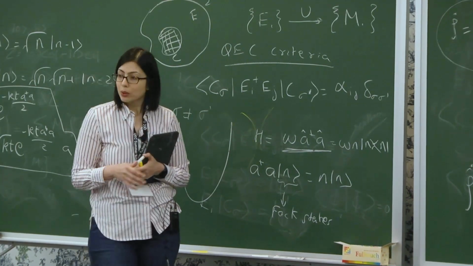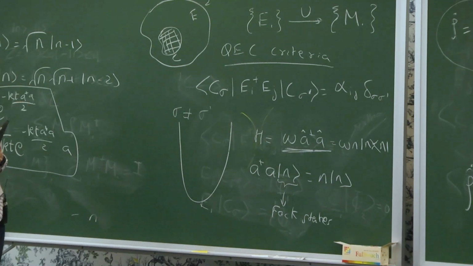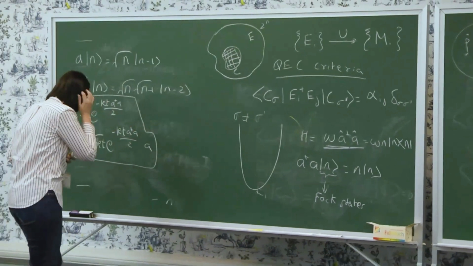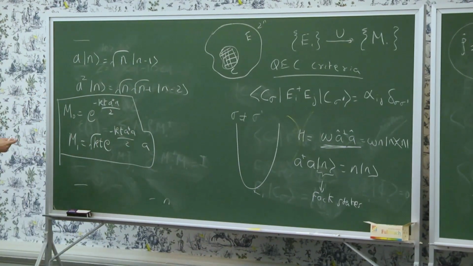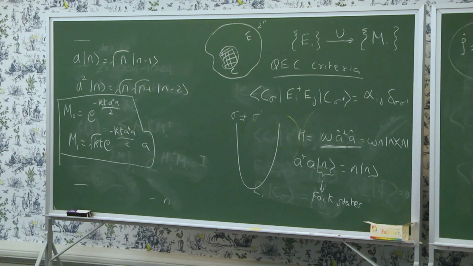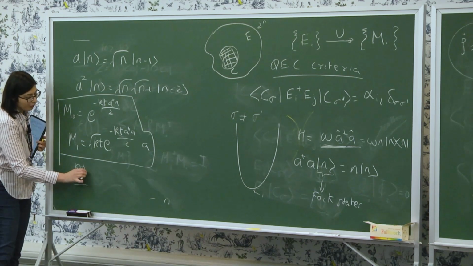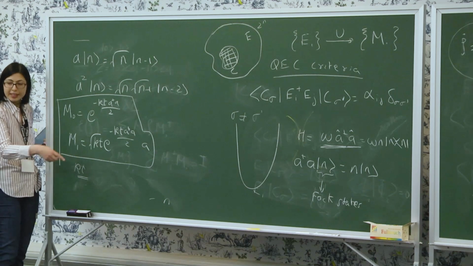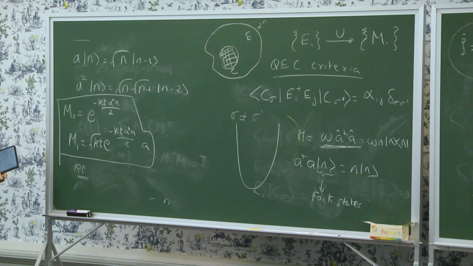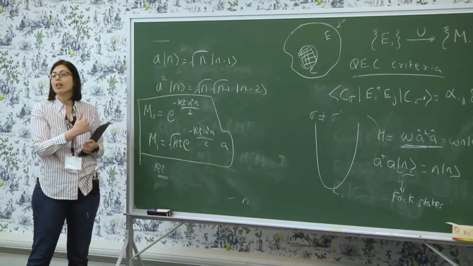What I'm going to show you is that I will be able to correct for only these errors, and the other errors will not be correctable. Basically, errors to the order of kappa t will be correctable. Anything else that's uncorrectable will be of higher orders of kappa t. What I'm going to show you is a first order code.